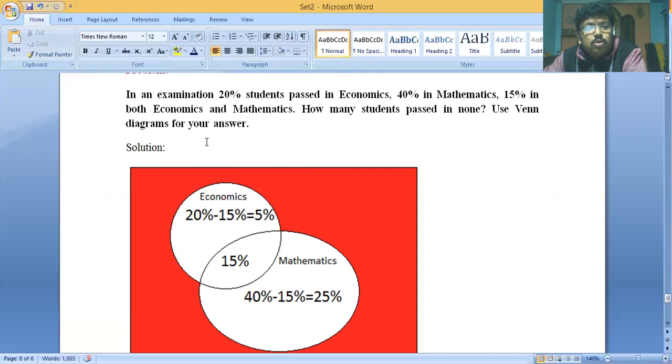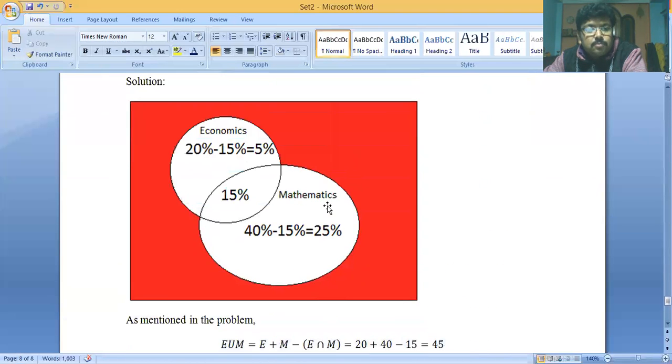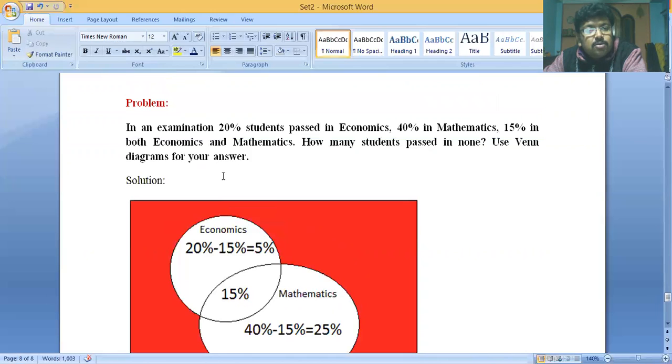So look, in an examination, 20% of students passed in economics.